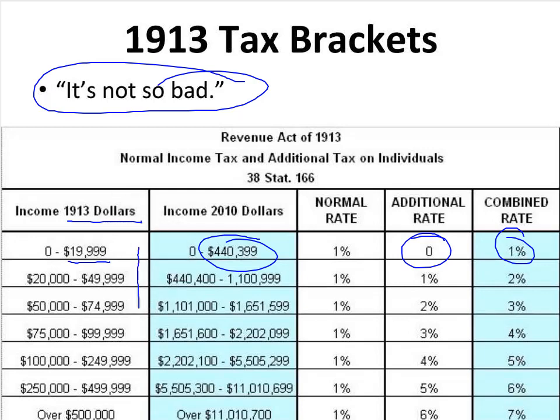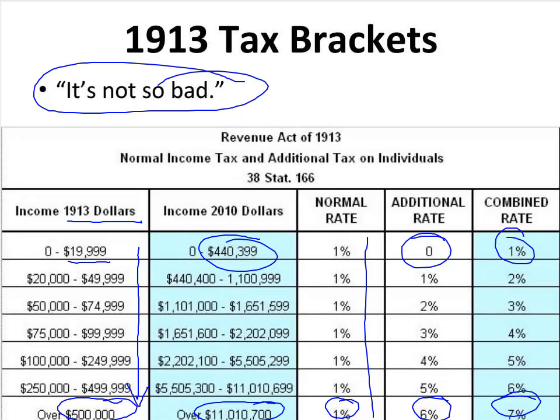The further down this goes, okay, you get all the way up to the seventh income bracket, over $500,000, which is a 2010 equivalent of a little over $11 million. You obviously pay the normal rate, which is the same for everyone in this category, but then graduating all the way up to a 6% rate, the seventh category paid a 7% tax rate.